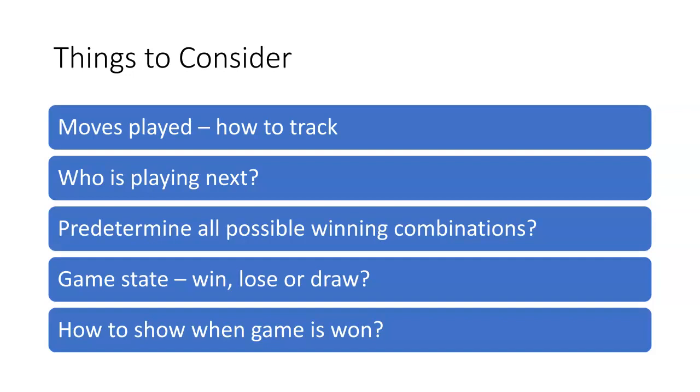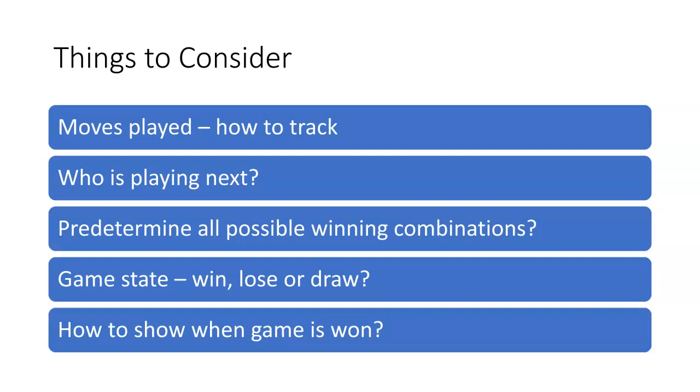All horizontal, all vertical. Yes. And then we go 1, 4, 7, 2, 5, 8, and 3, 6, 9. And the two diagonals. So that is 1, 5, 9, and 3, 5, 7. These are all the possible winning combinations.